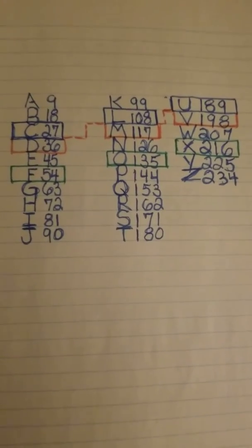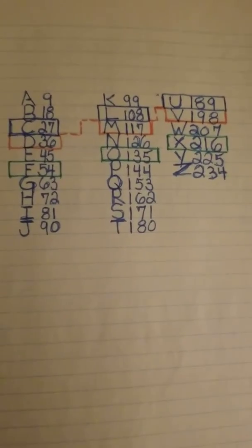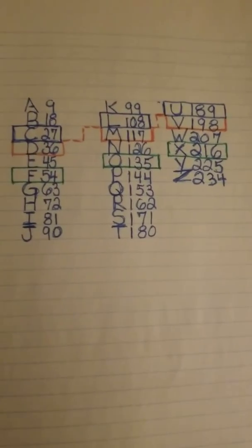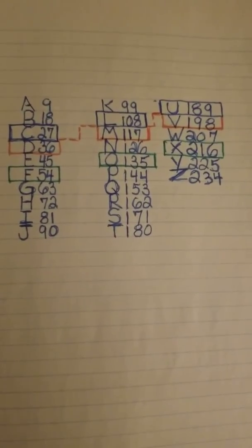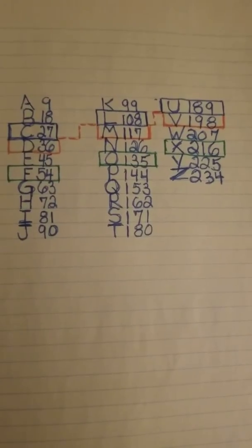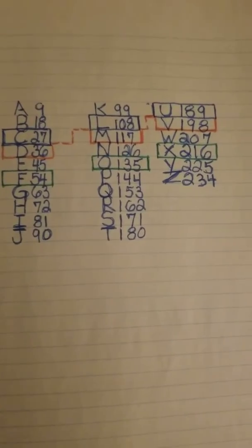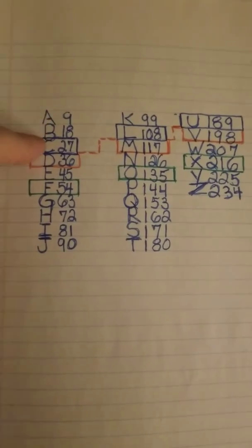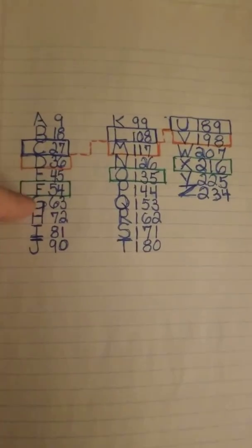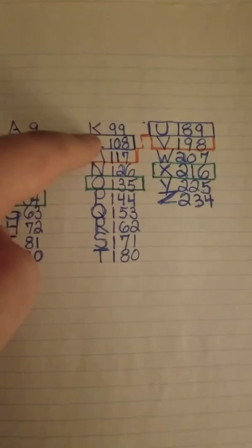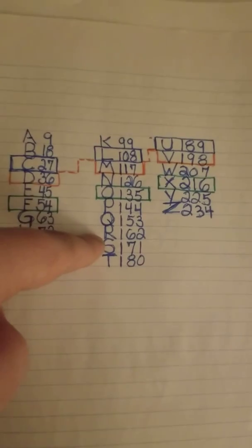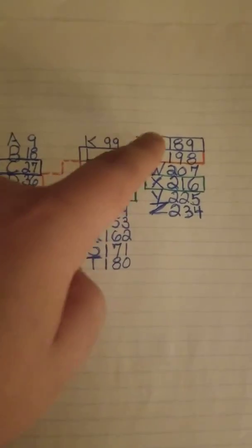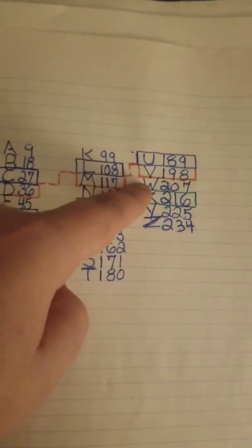Now, if you were to modify the Gematria values a little bit, and you were to change them to using 9 instead of 1, 18 instead of 2, 27 instead of 3, 36 instead of 4, and so forth, so basically by 9s: 9, 18, 27, 36, 45, 54, 63, 72, 81, 90, 99, 108, 117, 126, 135, 144, 153, 162, 171, 180, 189, 198, 207, 216, 225, 234.